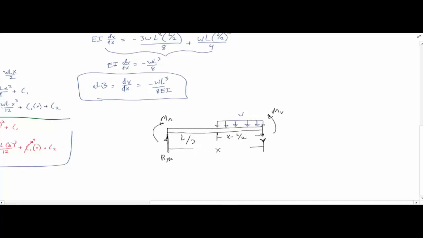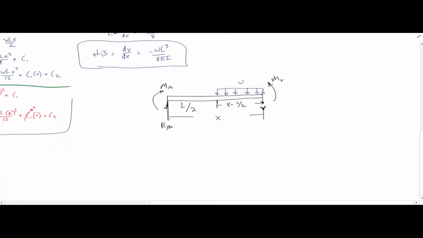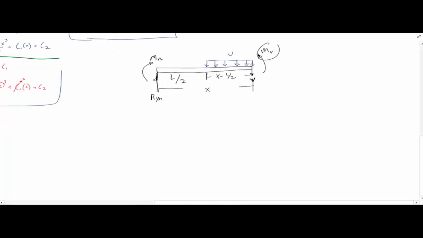Okay? So since I drew this right here, we can then solve for our moment, M sub V. And so summing our moments about the shear point equals 0, positive in the convention.